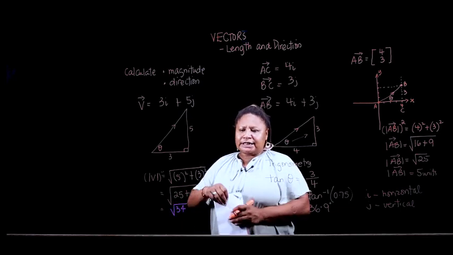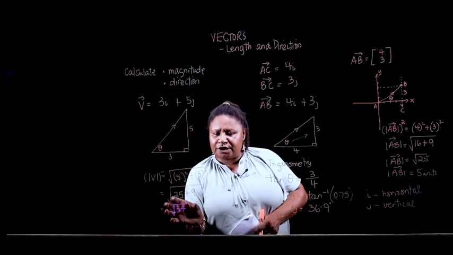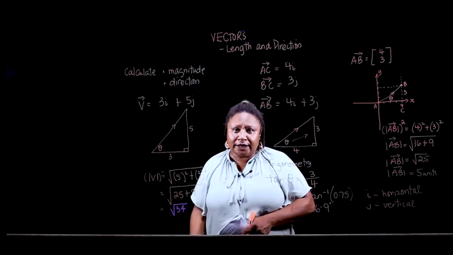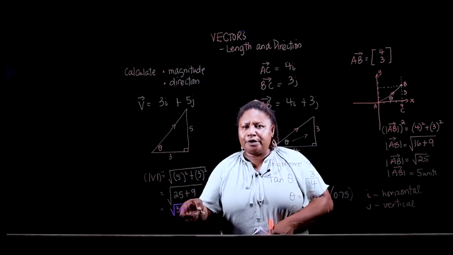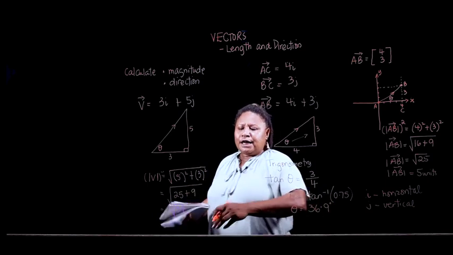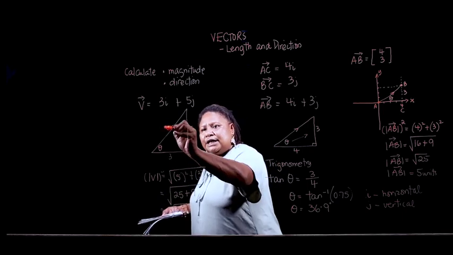Now we can leave our answer as an exact value, which is root 34. If you want, you can get out your calculator and find the value of square root 34. So that's the length of vector V.